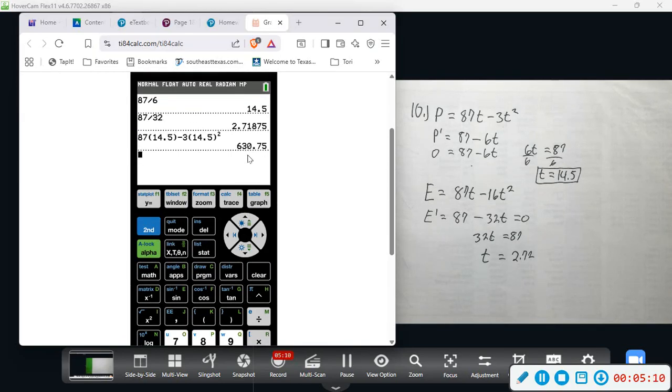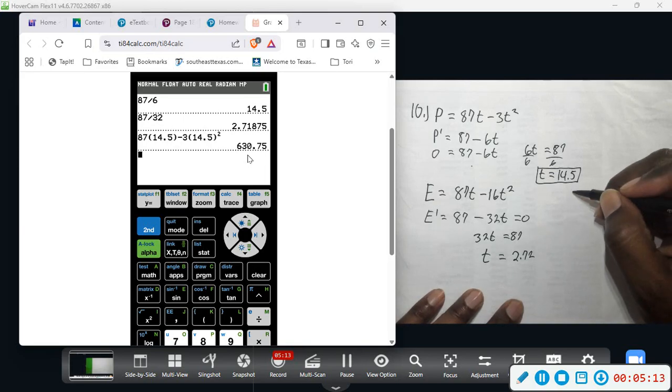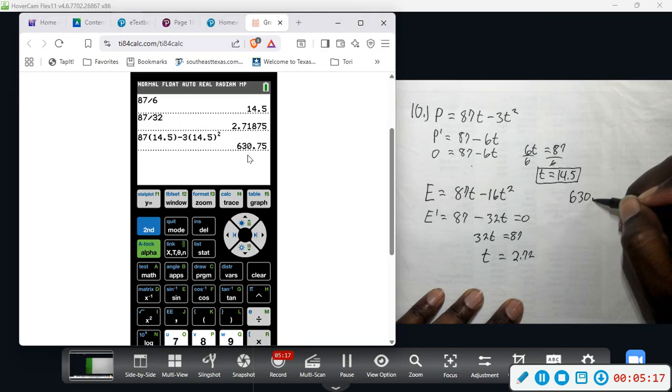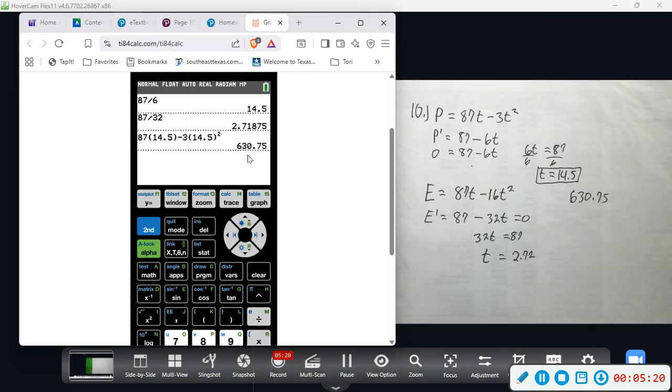All right, so we are getting a maximum height of 630.75 feet on the other planet.